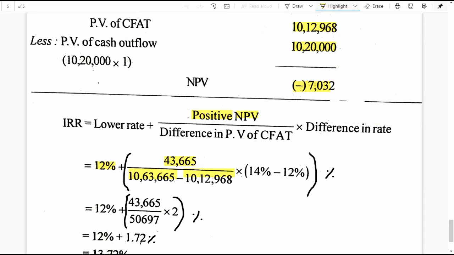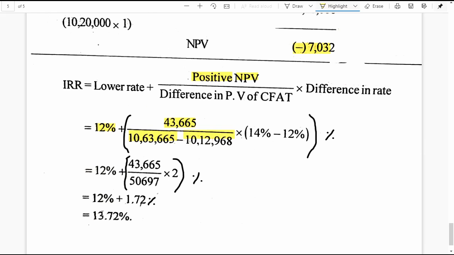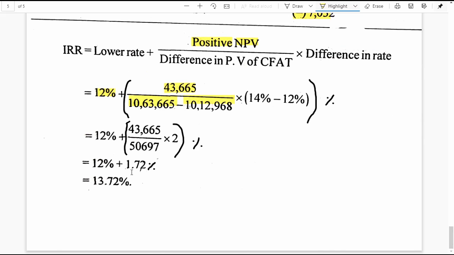Into difference between the two rates, we have tried under trial and error method. 14 and 12. The difference between the two is 2%. And outside the bracket, you write percentage symbol for easy calculation. If you simplify this, you get 1.72% of this second calculation. In total, the IRR for the project comes to 13.72%.